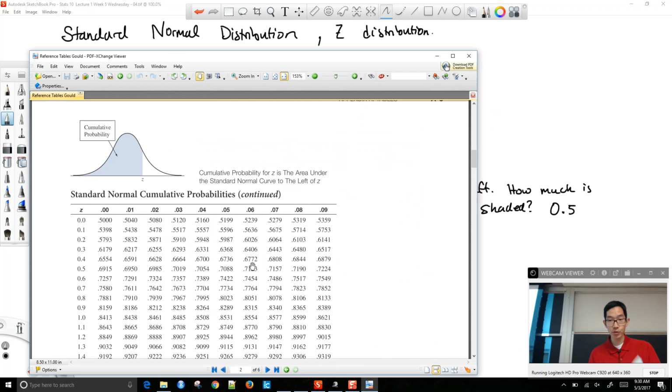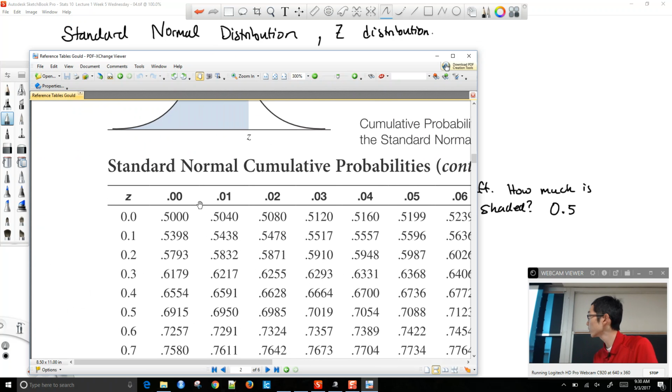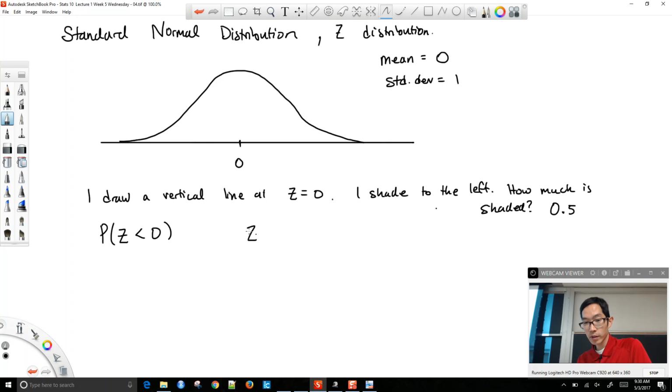If you flip to the positive side of the table, in the top left corner we see z, 0.0 and 0.00. The number there is 0.5000. When I say z is equal to 0, I can also say z is 0.00. When we look this up in the table, the row is going to be 0.0 and the column is going to be 0.00 to indicate we are at 0.